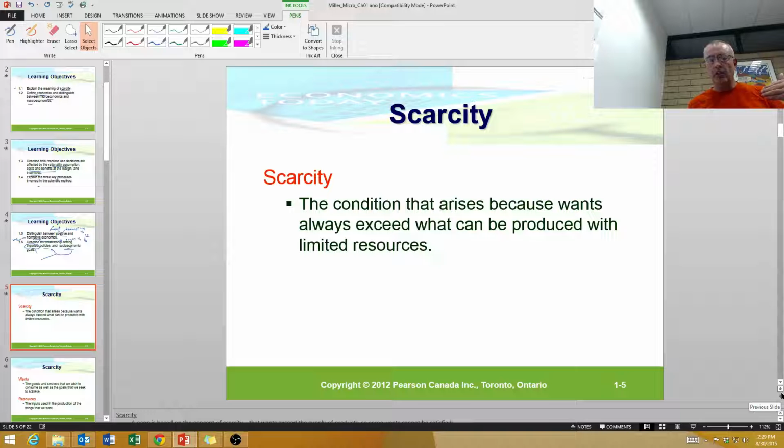The quantity of products that we want exceeds the quantity of products that the economy can supply, because the resources that get used to produce those products are also in limited supply. That's the constraint. The resources have a limited supply, so scarce resource supply leads to scarce finished product supply.